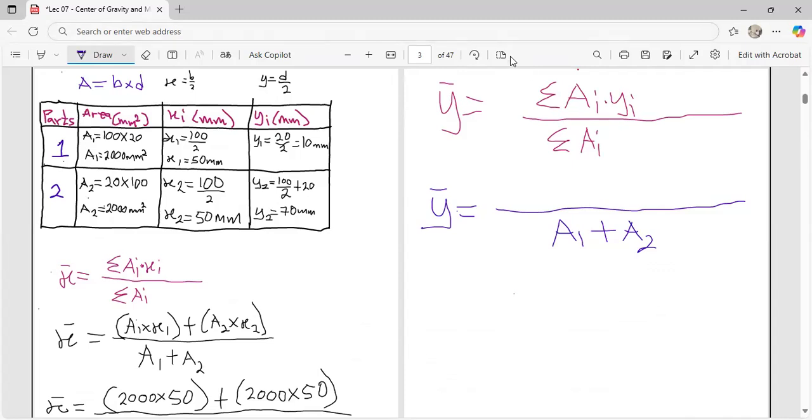Also, the numerator can also be expressed as, let's open a bracket, A1 times Y1, plus A2 times Y2.